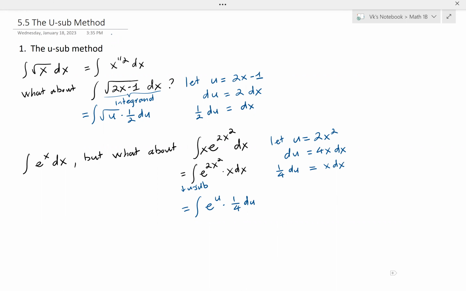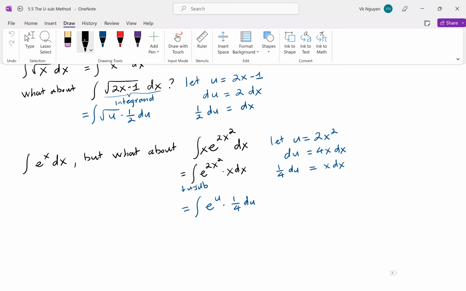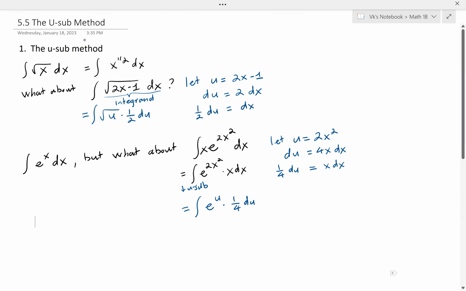When we pick a part of the integrand to be u, make sure that we are able to rewrite the entire integrand in terms of u du, no x in there.